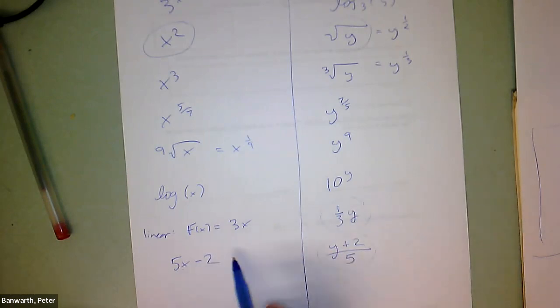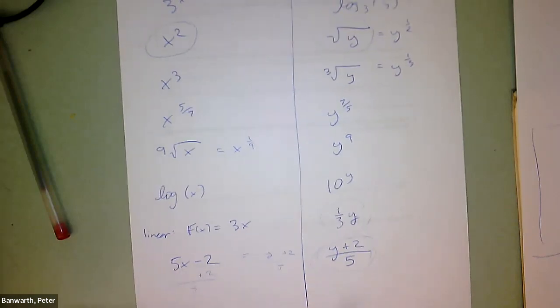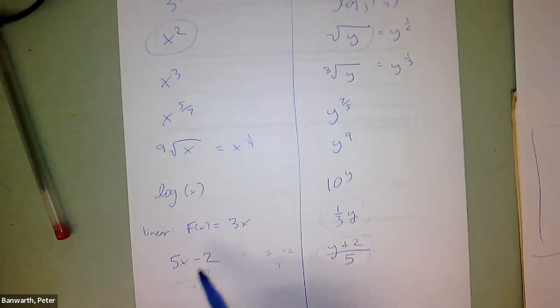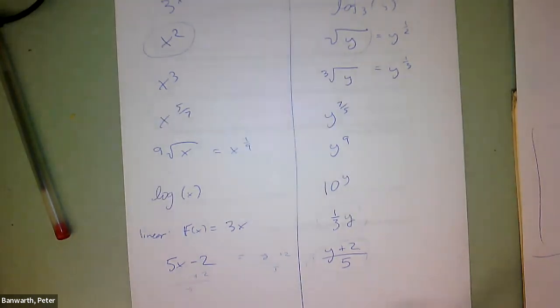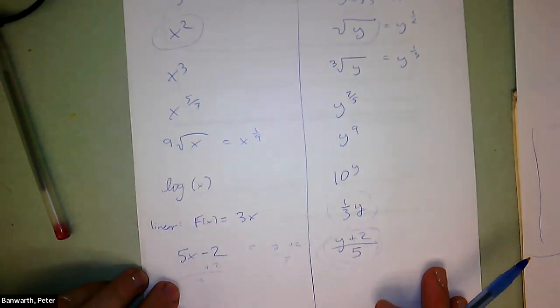If 5x minus 2 equals y, then you add 2, and then you divide by 5, and you get this one here. An inverse function just takes you back to where you started. Any others that I can think of? I think these are all the ones we cover.